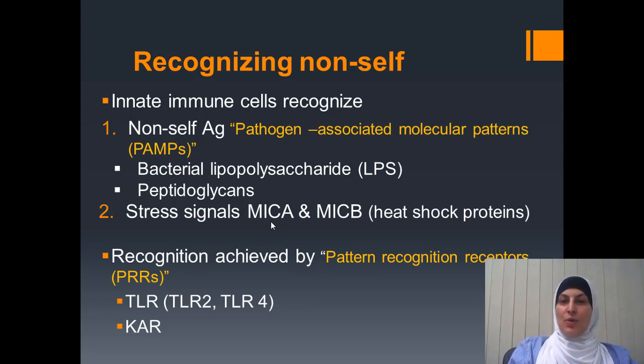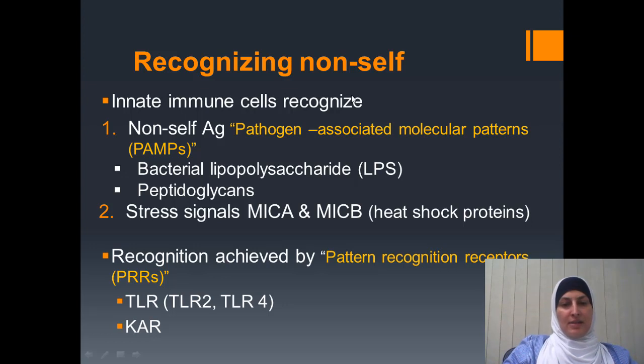And this will turn on SOS genes. The SOS genes are specific genes that are turned on only in case of emergency. And when these genes are turned on, this would give the signal for apoptosis, and the signal for other immune cells to come and kill this cell.